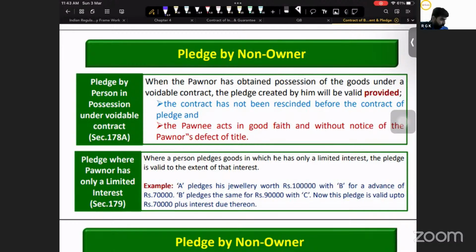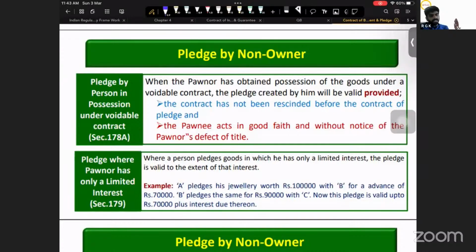Before you pledge the goods, the contract should not be rescinded or cancelled, and the pawnee acts in good faith without notice of the owner's defect of title. In such a case, the pledge will be valid.